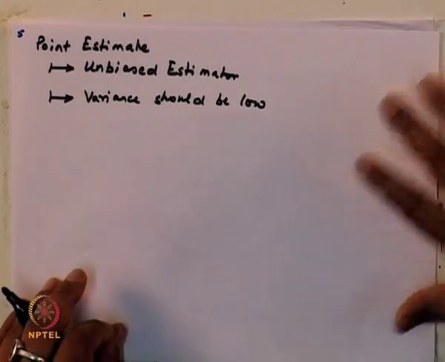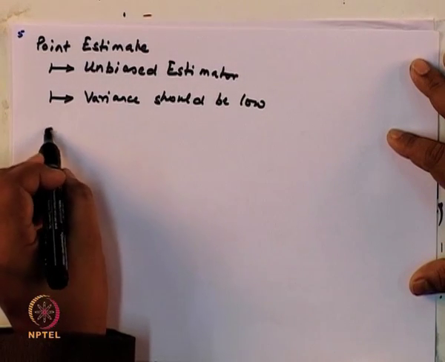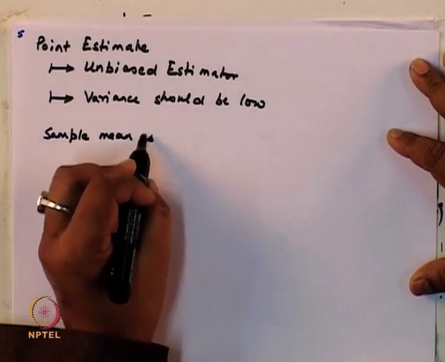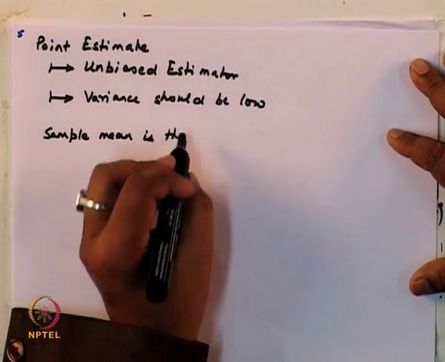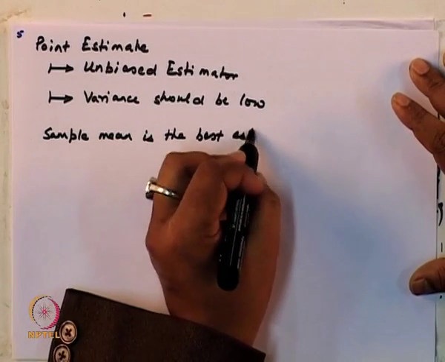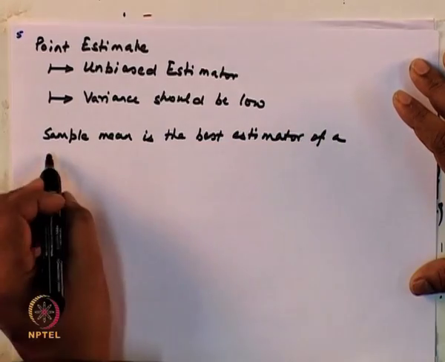So clearly, in our case, what we found was that the sample mean is the best, or one of the best, estimators of the true value of a parameter.